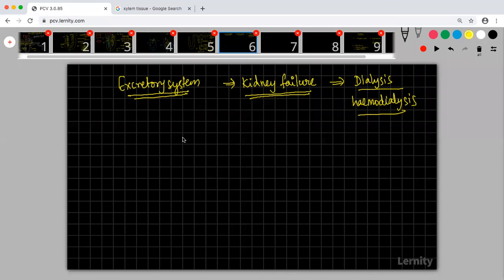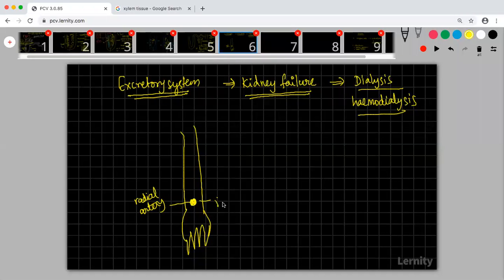Okay, so let us say that a patient's hand is there. What they will try to do is take from the hand. Sorry for the thing. So they will try to have a vein here. We call it the radial artery and radial vein in this area.